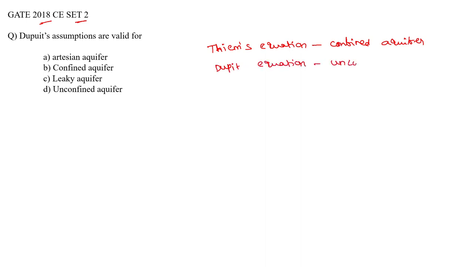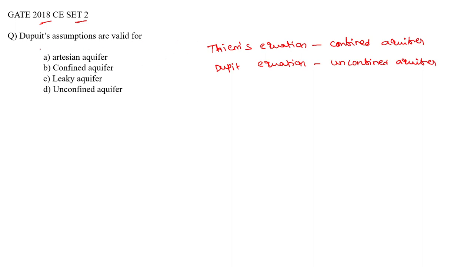Quickly, we'll see this particular question. It came in GATE 2018 set 2. Now we have seen the confined aquifer, for which we used the Thiem equation. Similarly, Dupuit has developed one famous equation for unconfined aquifer, which we can see in the next session.